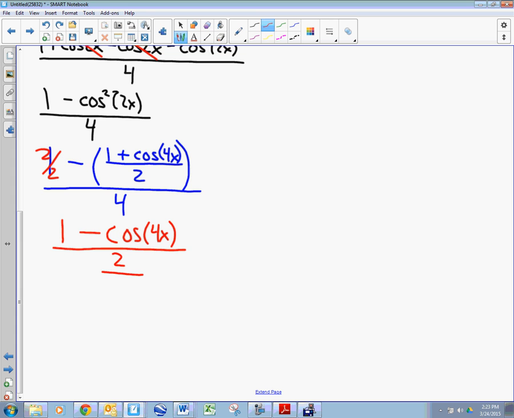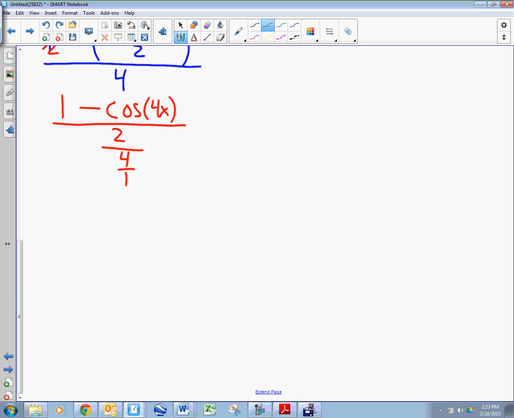My common denominator here is 2, then over 4 over 1. Now I can multiply and I get 1 minus the cosine of 4x all over 8.